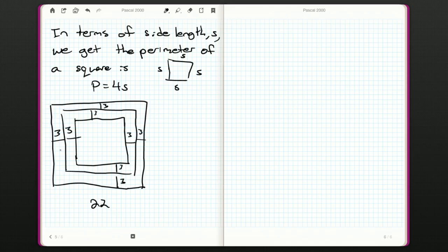Now all the sides are parallel to one another. So that means that if I could figure out the distance of the overall gap here and here, I could subtract those off of 22.